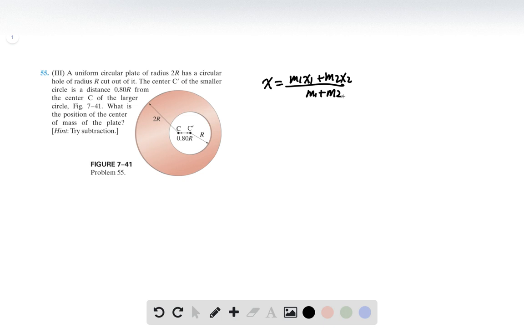What that means is we can first consider a disk of radius 2r. So this is a round disk without any holes in it. And then we can think of it as having a hole of radius r with negative mass.